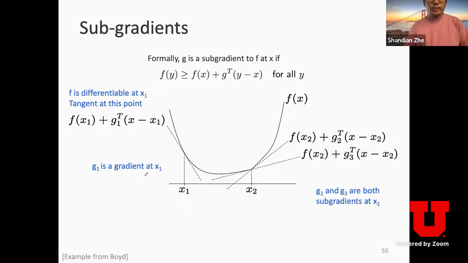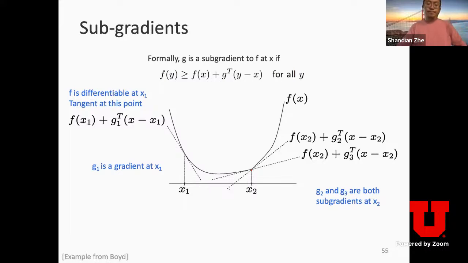But if you look at x2, x2 doesn't have a gradient. Why? Because the left limit is different from the right limit. This is the basic definition of the gradient.